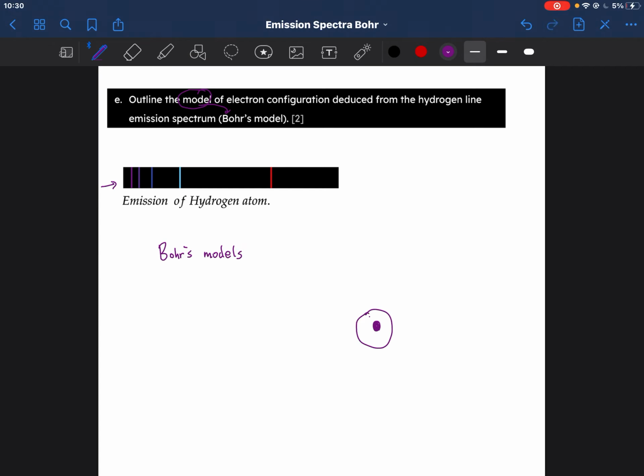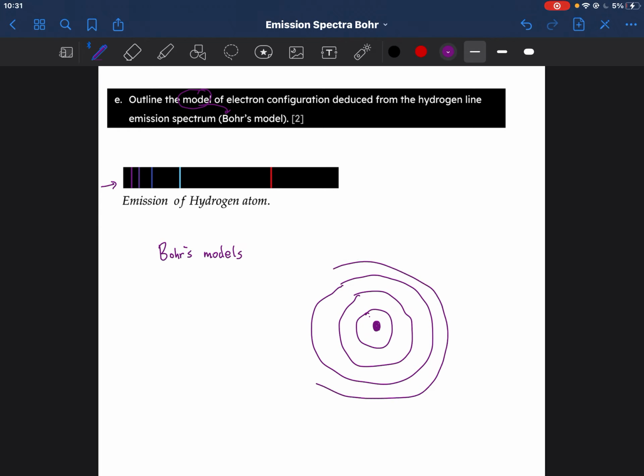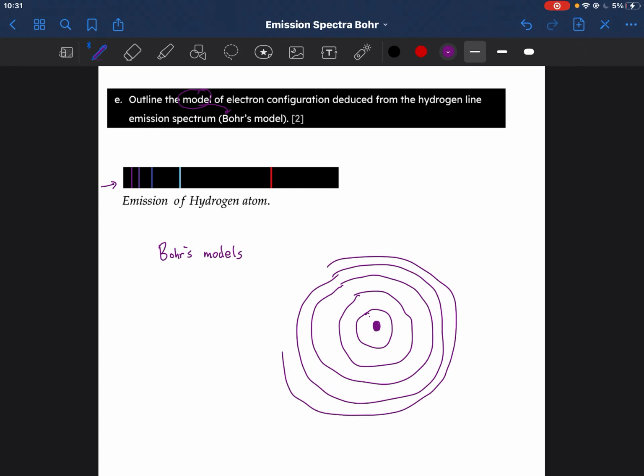I was trying to make perfect circles, but it's okay. I'm going to draw these pretty far apart, and then as we get to higher energy levels, I'm going to put the energy levels closer together.